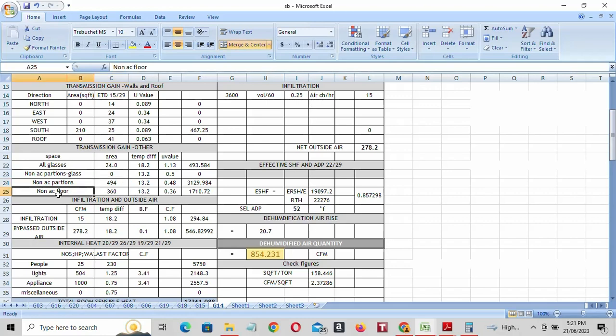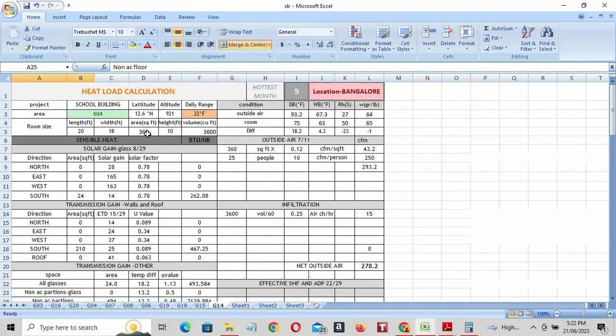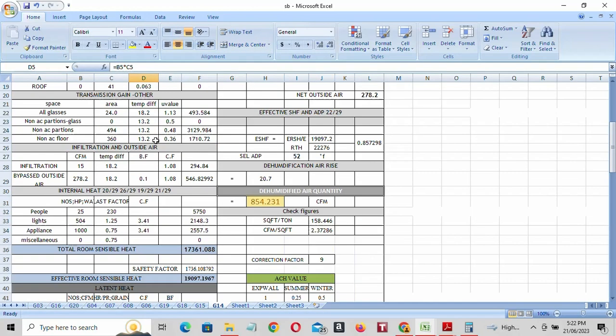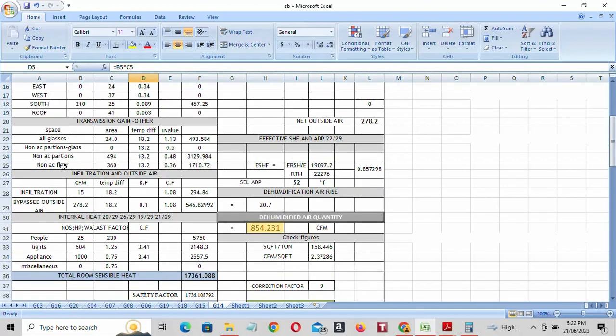And for the non-AC floor, ours is ground floor, below that non-AC partition, below this non-AC area. So you have to take this value 360. Just 360. Next is temperature difference 18.2, and here you have to subtract 5.